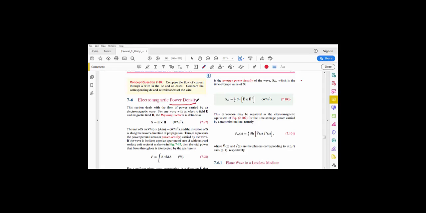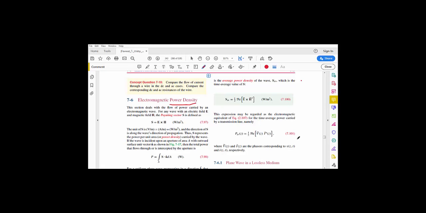Power density gives us information about the propagated power per unit area and in a certain direction.